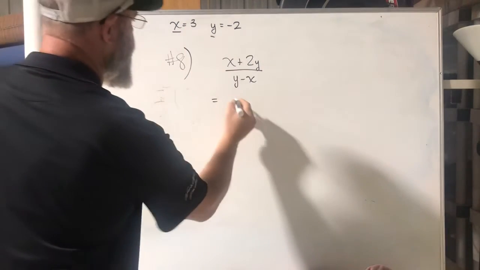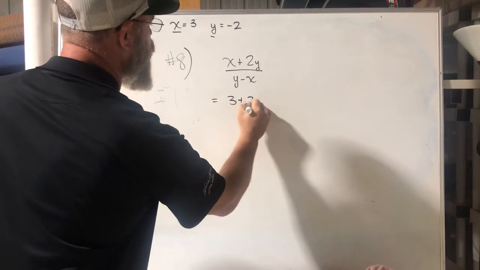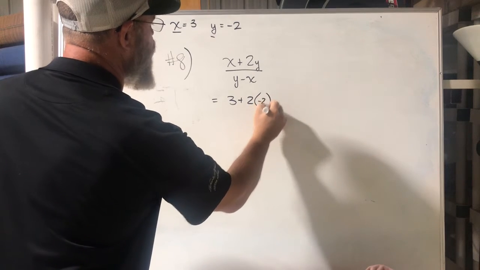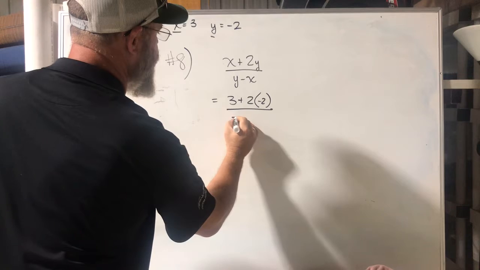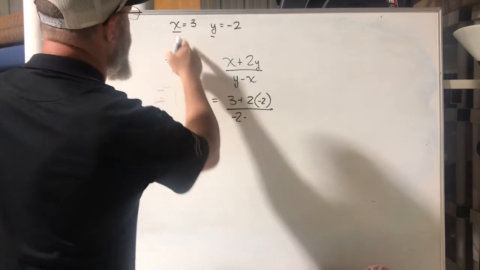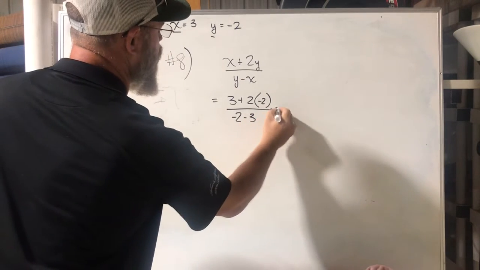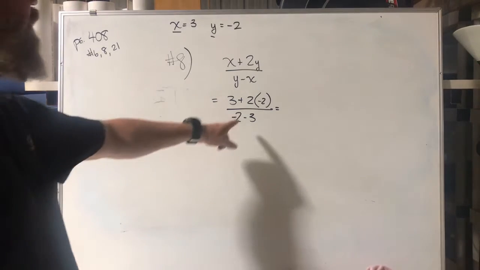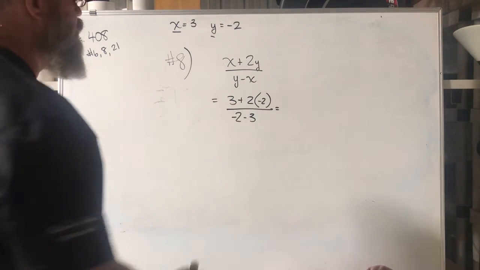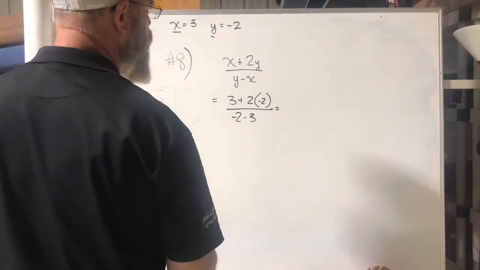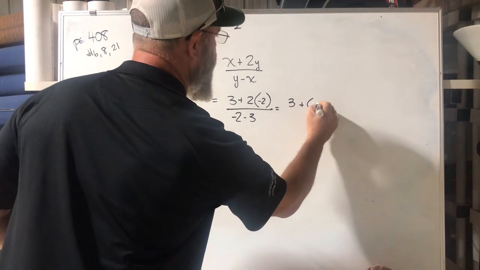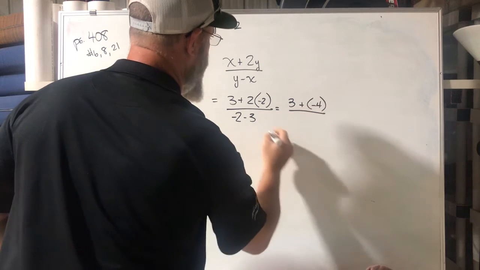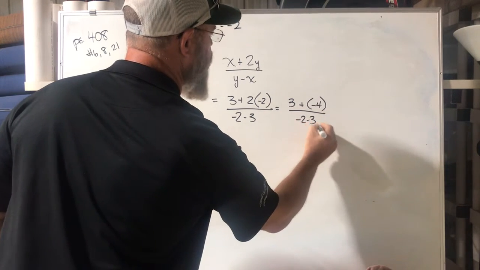So x is 3 plus 2 times negative 2 over y, which is negative 2, minus 3. Here again, we do our multiplication first. So 2 times negative 2, that's 3 plus negative 4 over negative 2 minus 3.